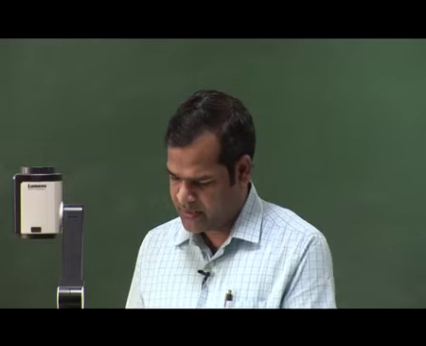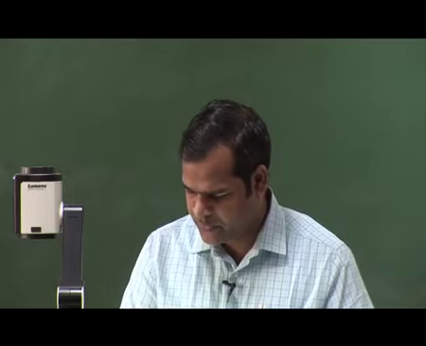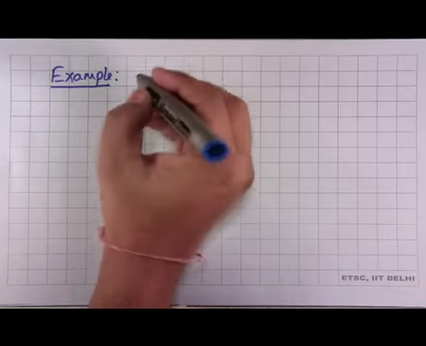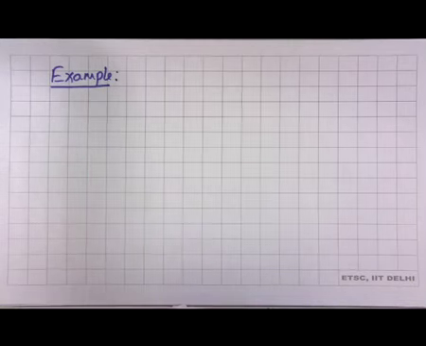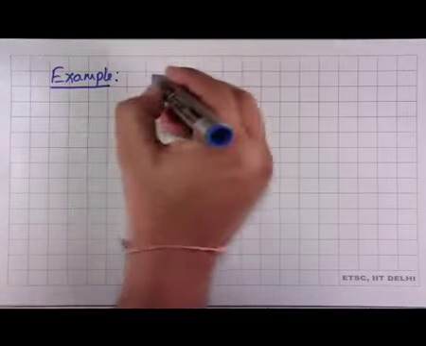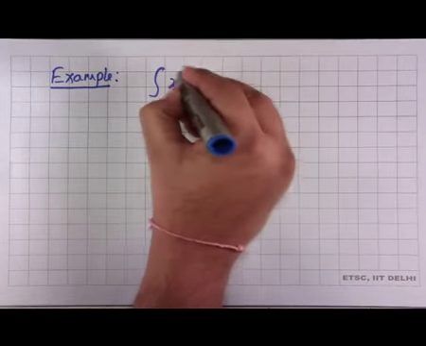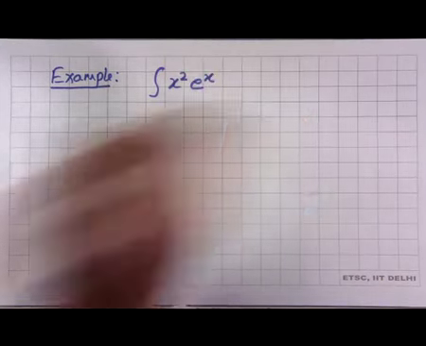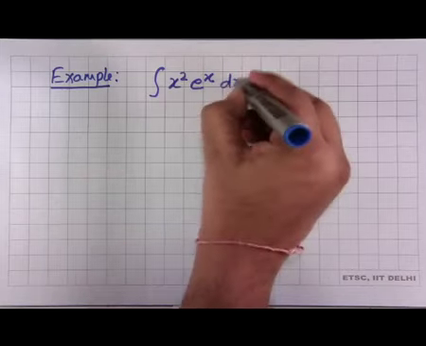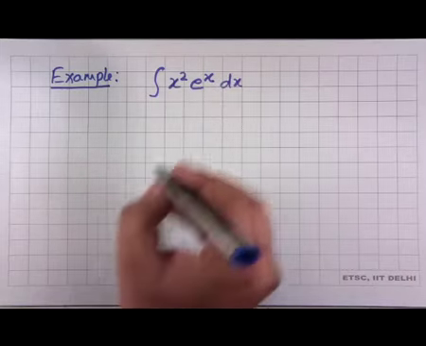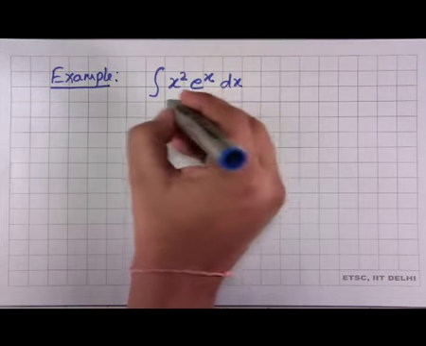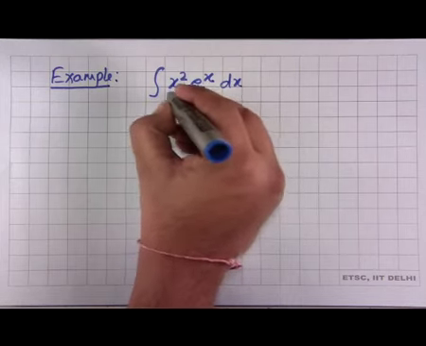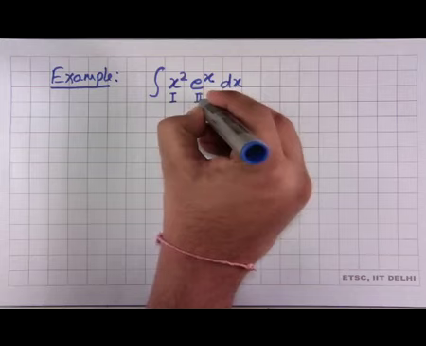If I look at some more examples, let us try the integration of x squared e raised to power x. Again I can use the same technique and I call this the first function and this the second function.